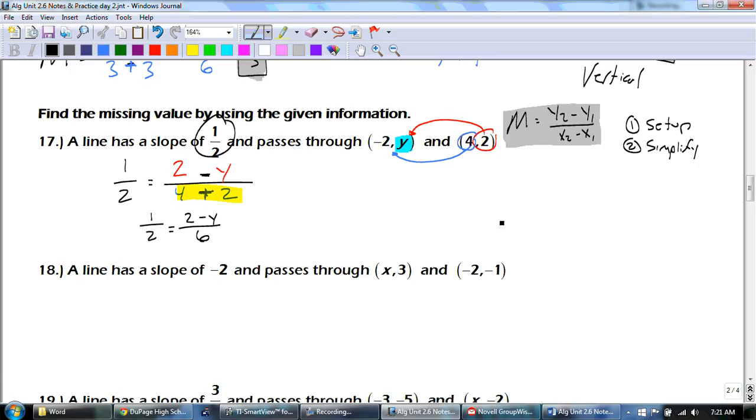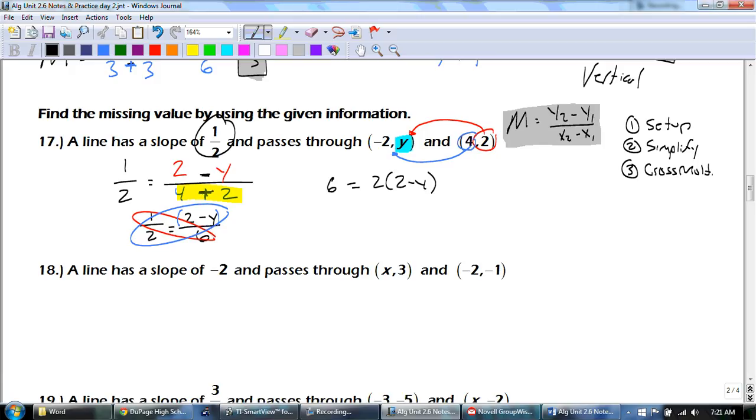over 6. We've solved problems like this, and the way we solved them was by cross multiplying. So multiply the one side, 1 times 6, we get 6. On the other side, I need to make sure to put parentheses around the 2 minus y, and that turns into 2 times 2 minus y.